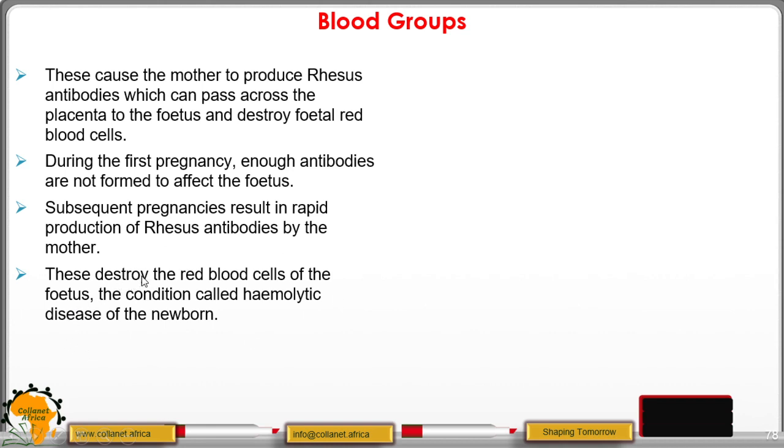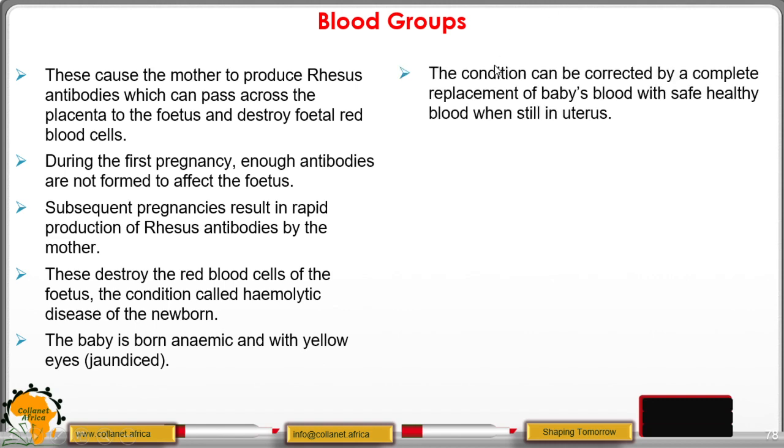So the red blood cells of the fetus are destroyed, and the baby is not likely to survive. Most of the red blood cells are destroyed, and if the baby is born, it is anemic, or having a shortage of blood because the red blood cells have been destroyed, and the baby also has yellow eyes.